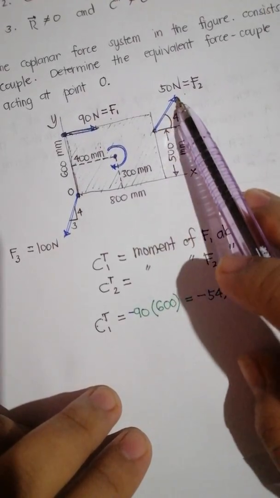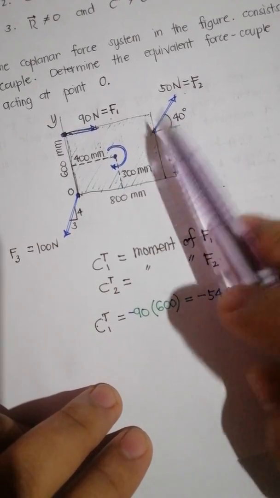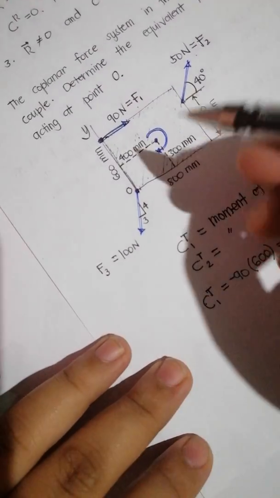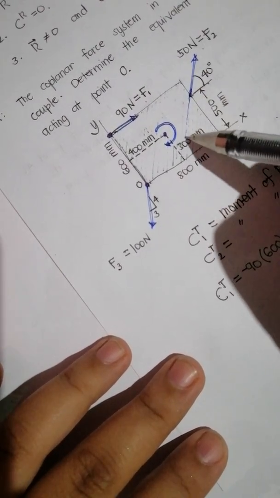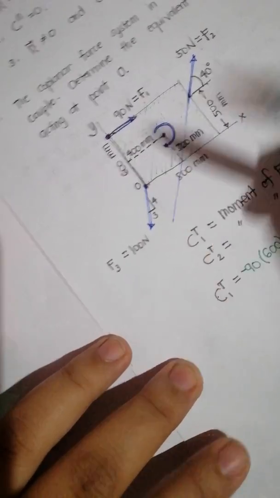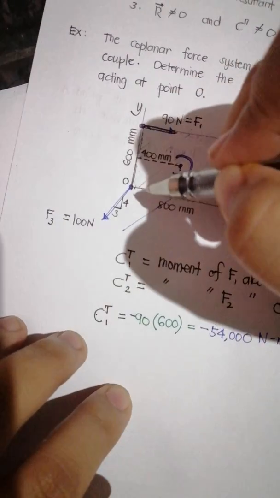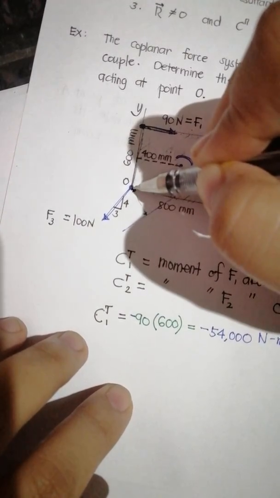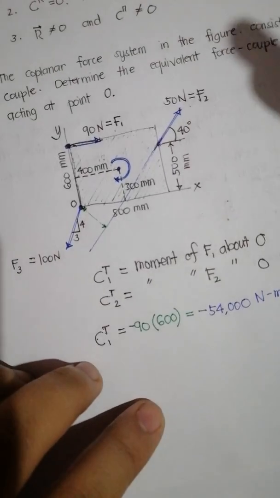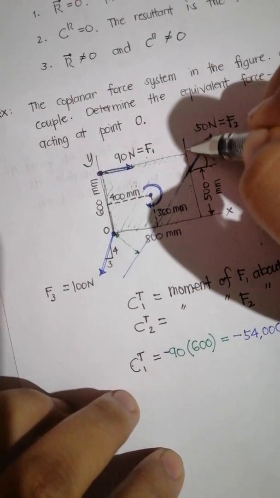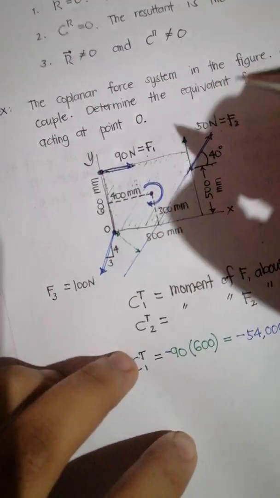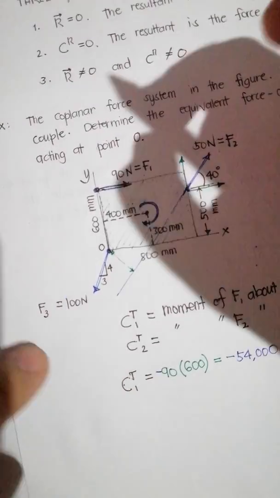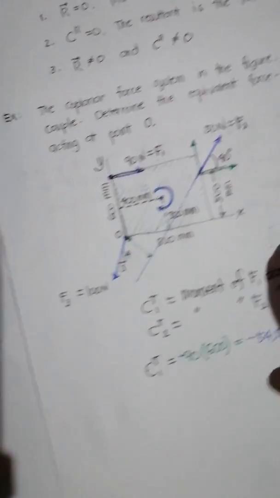Another one is we are going to transfer the 50 Newton load, F2. By the principle of moments, look at the force vector of 50 Newtons. If you extend the line of action, this would be the perpendicular distance, and it would be hard for us to look for this perpendicular distance. So what we are going to use are its convenient x and y components so we can easily find their individual perpendicular distances.